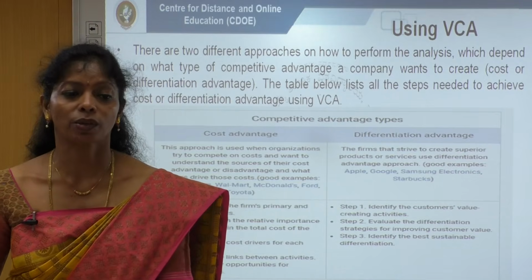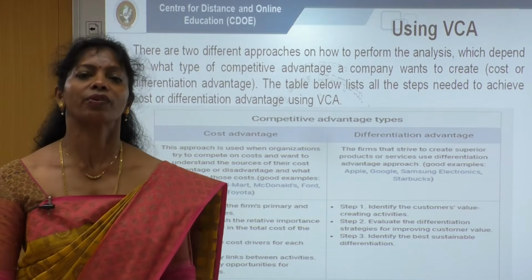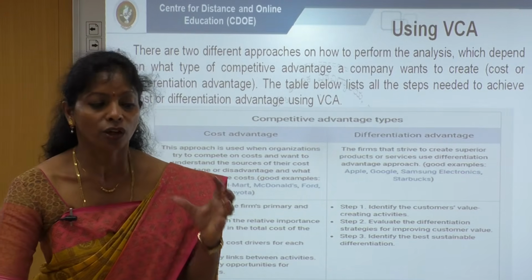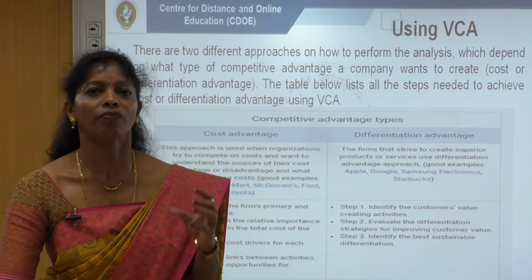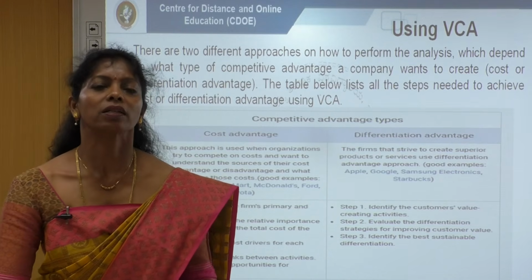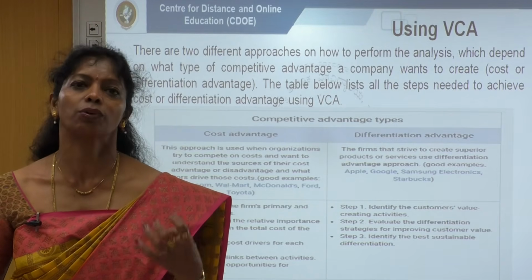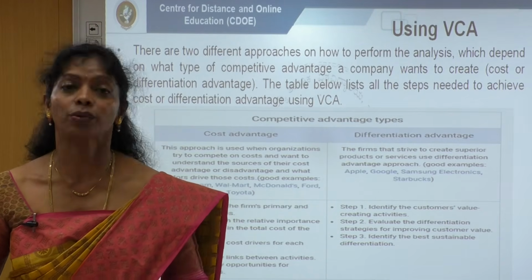Step 5 talks about identifying opportunities for reducing cost. For example, instead of customizing, you can have batch production or mass production, where in terms of the cost incurred, you can try to reduce the cost.